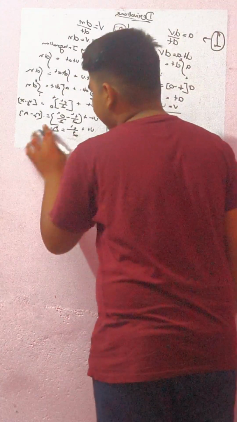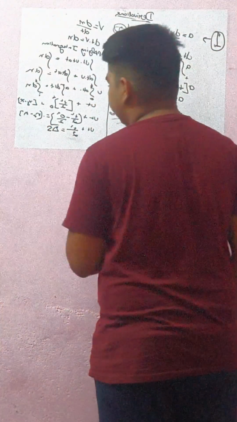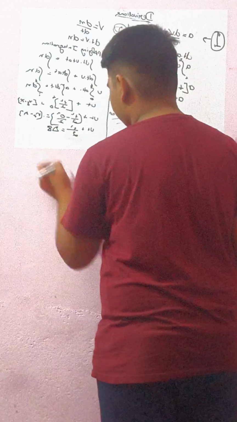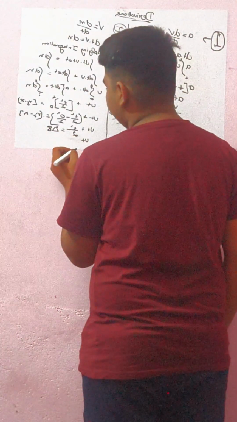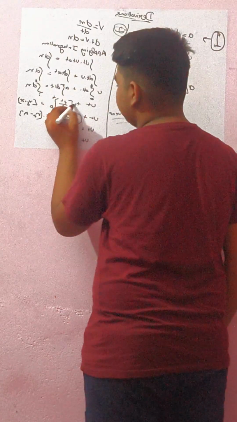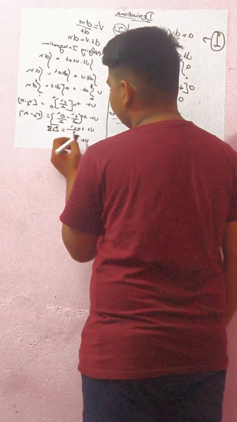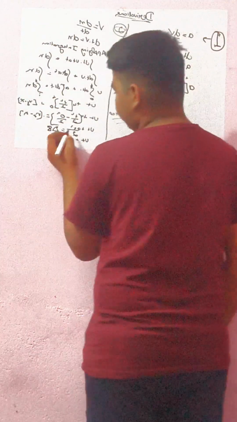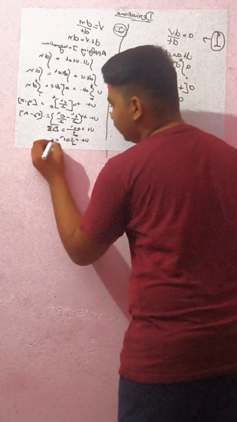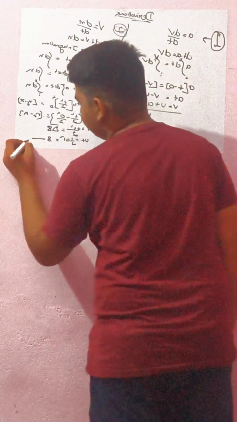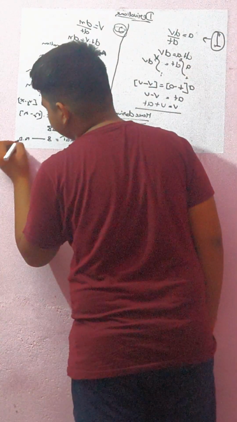So ut plus a is also there, so ut plus half at square equals to s, hence derived.